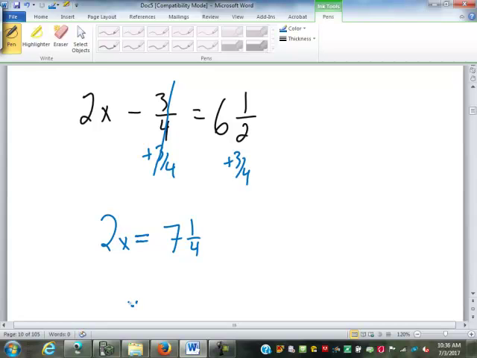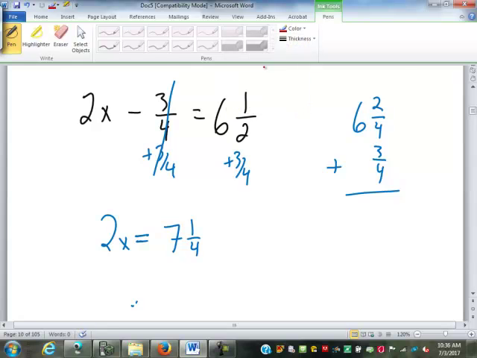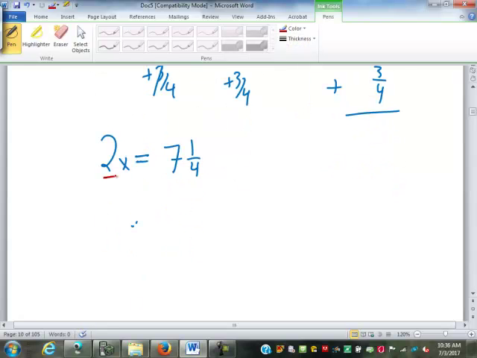You could use your calculator, or you could write 6 2/4 plus 3/4 and do the addition. Now, what do we have to do next? Divide by 2. So x equals 7 1/4 divided by 2, which is 3 5/8.